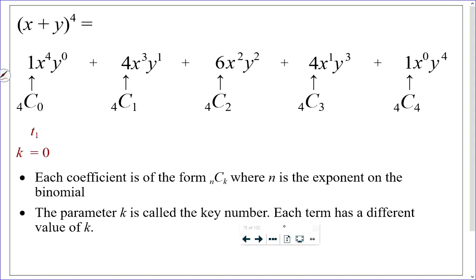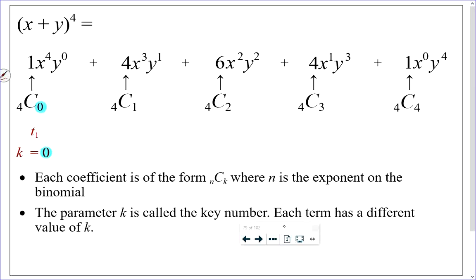And this is the most important thing so far, I think, is recognizing that the identifying, I call k the key number. The key number for any term is 1 less than the term number. So if I'm ever after the 5th term in an expansion, I need to say k is 4.